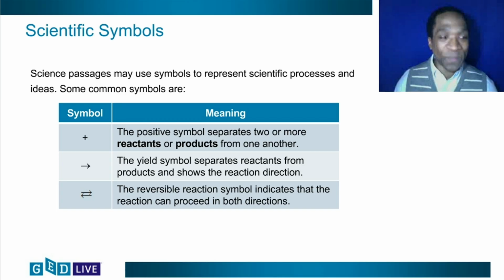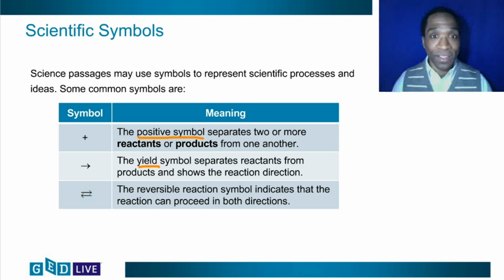So the first is the positive symbol. This is separating things: reactants, which we'll see in a moment, and products. Now the yield symbol, this arrow, is going to separate reactants from products.